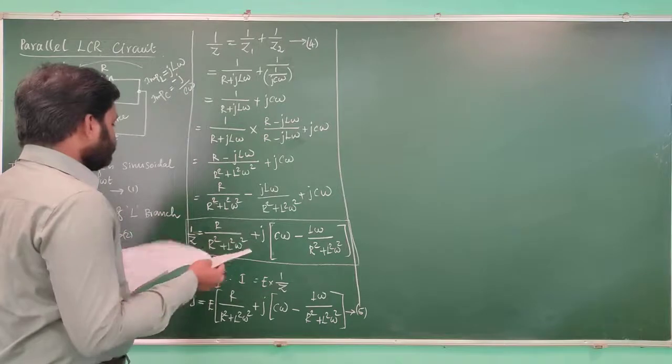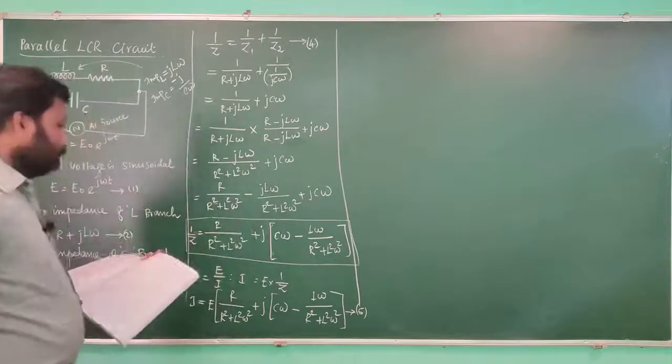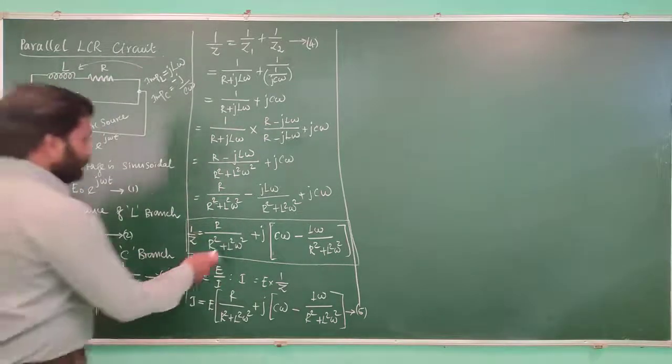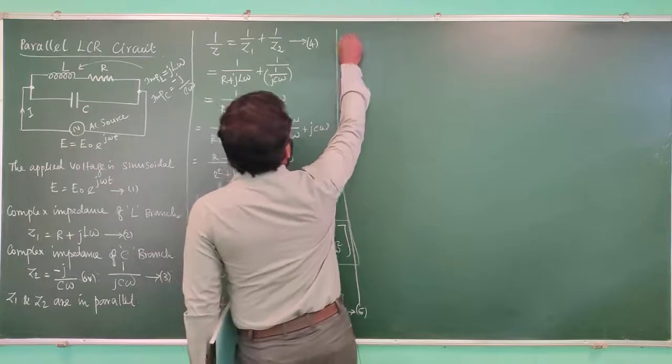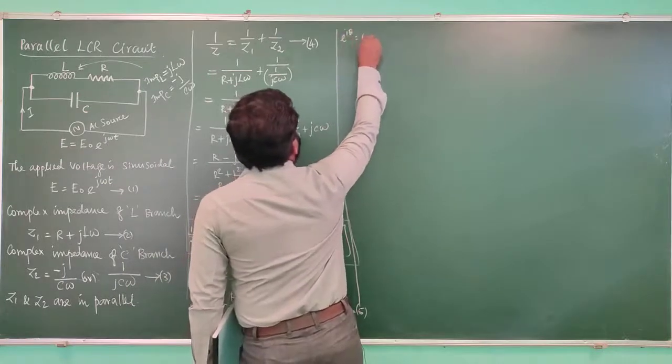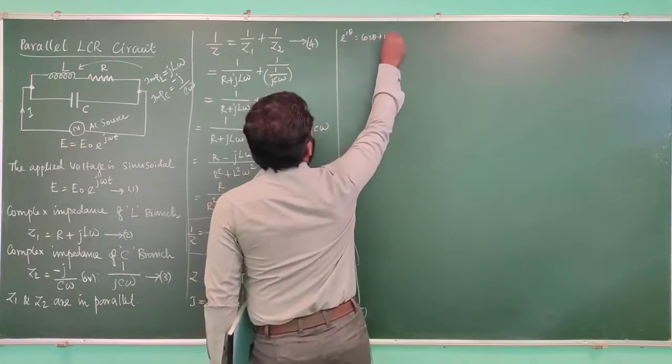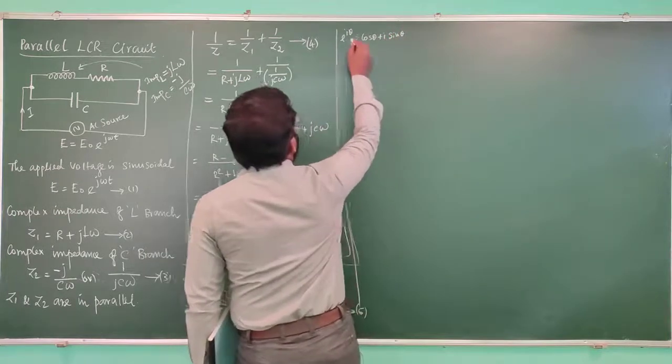Now from this expression, let us recall e power j theta, which is equal to cos theta plus j sin theta, right?